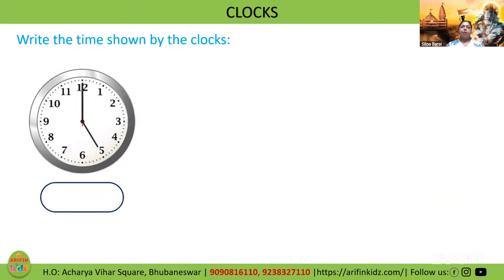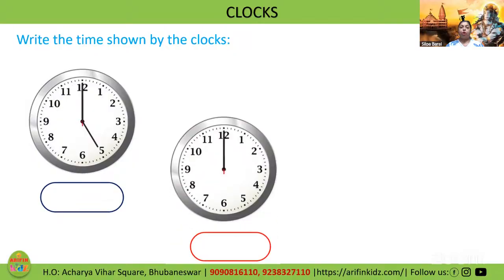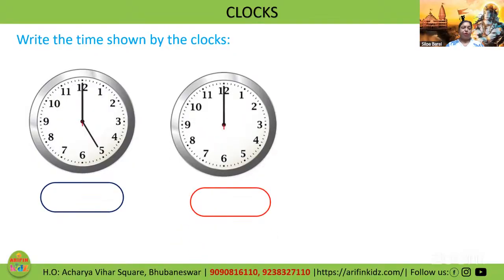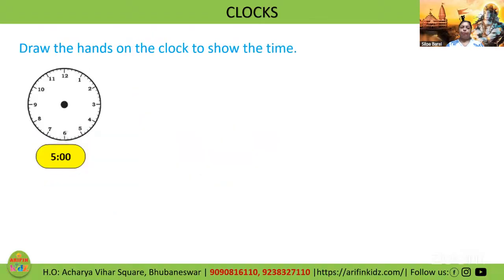All of you can see what is the time now. The hour hand is at 5 and the minute hand is at 12. We'll say, beta, 5 o'clock. All of you see what is the time now? The hour hand and the minute hand both are at 12. So it is 12 o'clock.